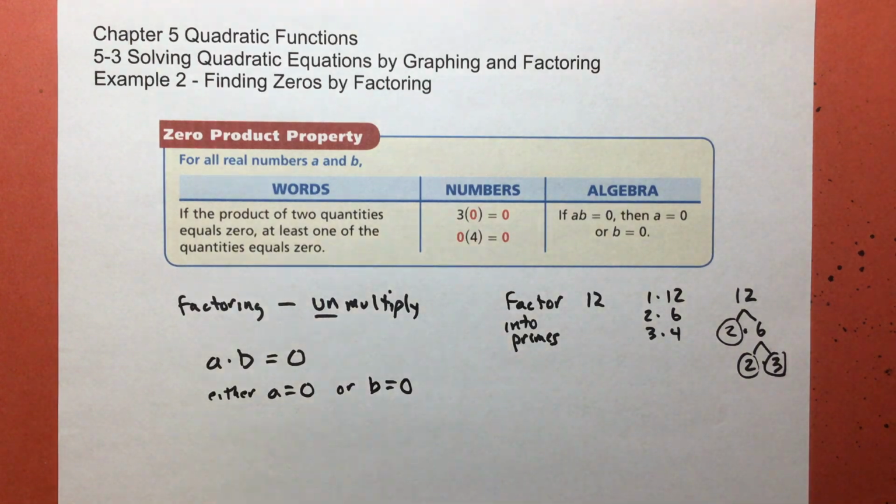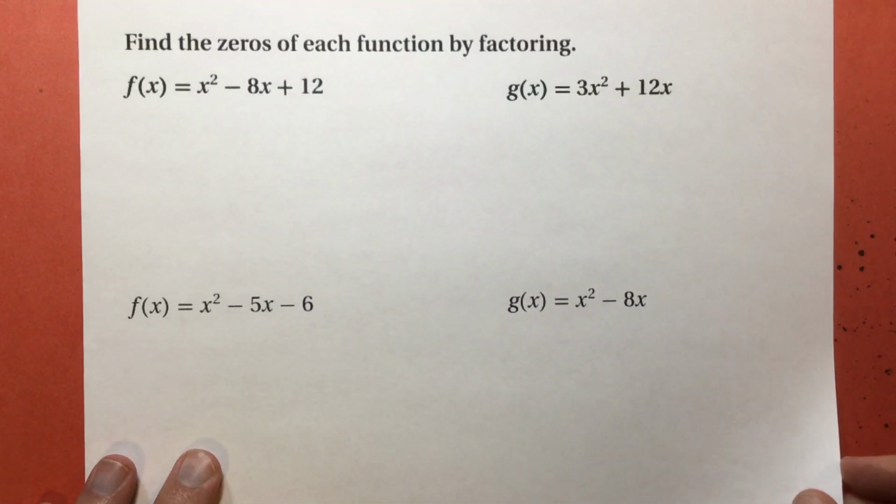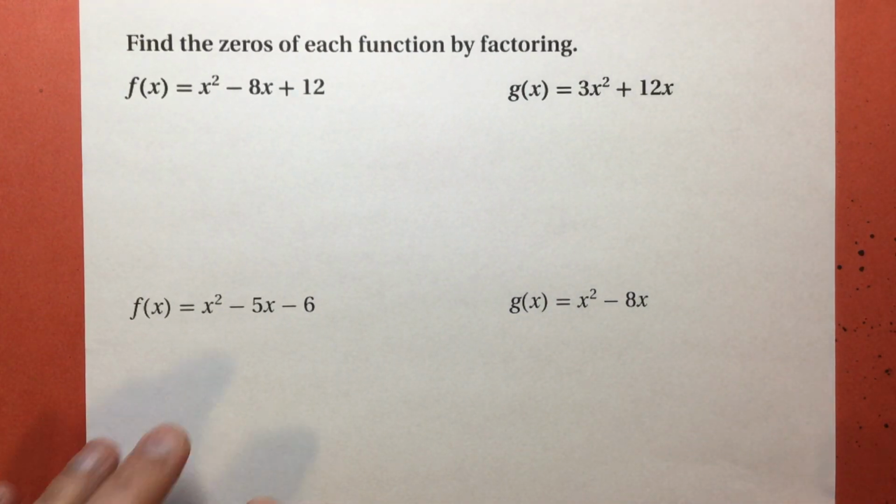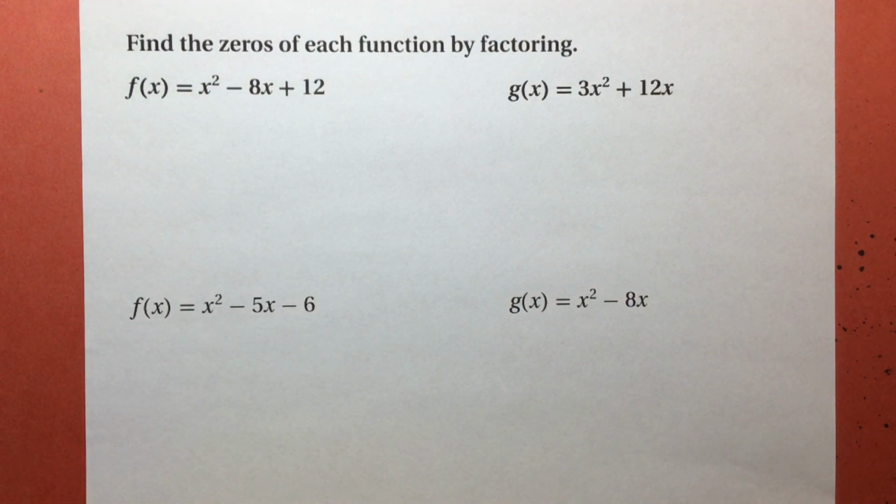All right, so let's do a couple of examples. And again, this is Algebra 1 factoring. We're going to find the zeros of each function by factoring. Now, the zeros are where the graph crosses the x-axis.